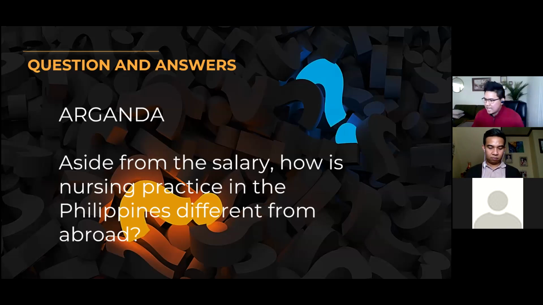Unfortunately, the Philippines has older medical equipment, like the mechanical ventilators and the dialysis machines. The Philippines has outdated machines. So in terms of nursing practice, as nurses in the Philippines, we could not apply the ideal ones in terms of giving care to the patients.